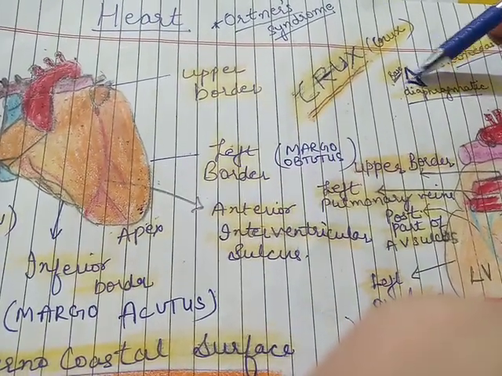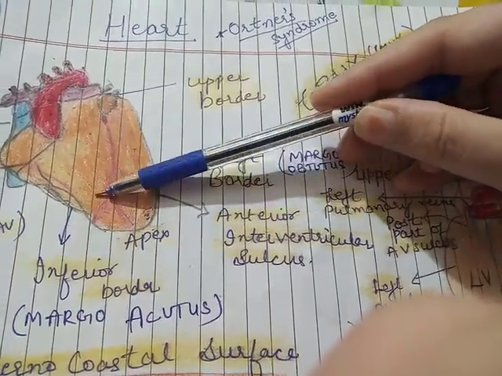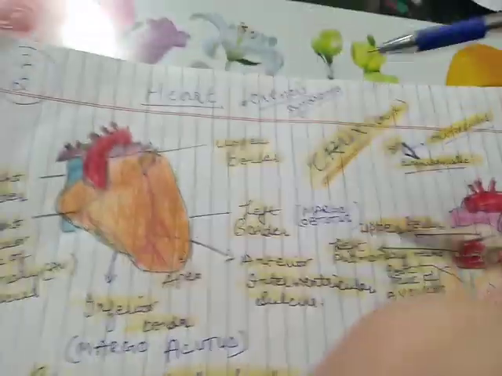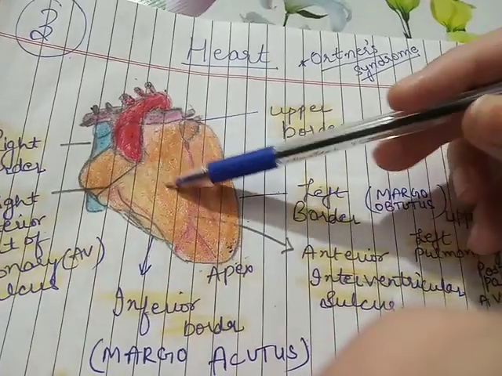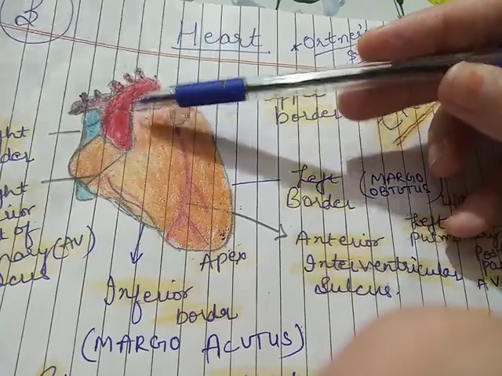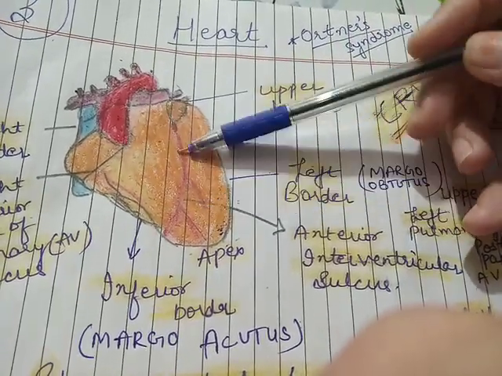And this is the diaphragmatic or inferior surface, which lies beneath the sternocostal surface. So this is the sternocostal surface, posterior is the base, and inferior is the diaphragmatic, right?